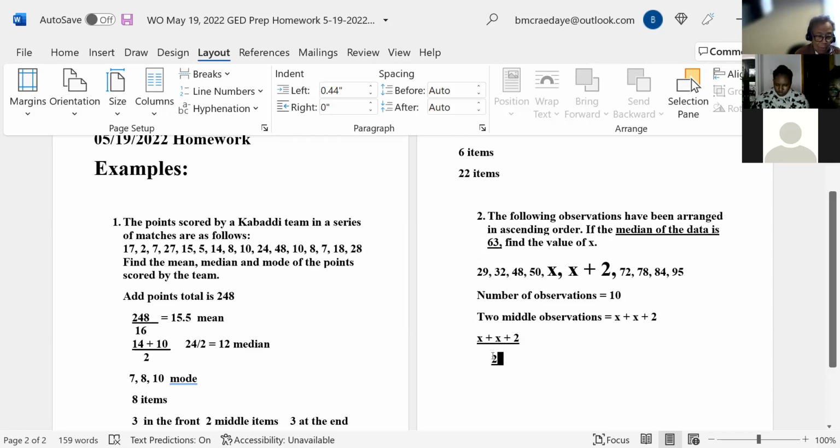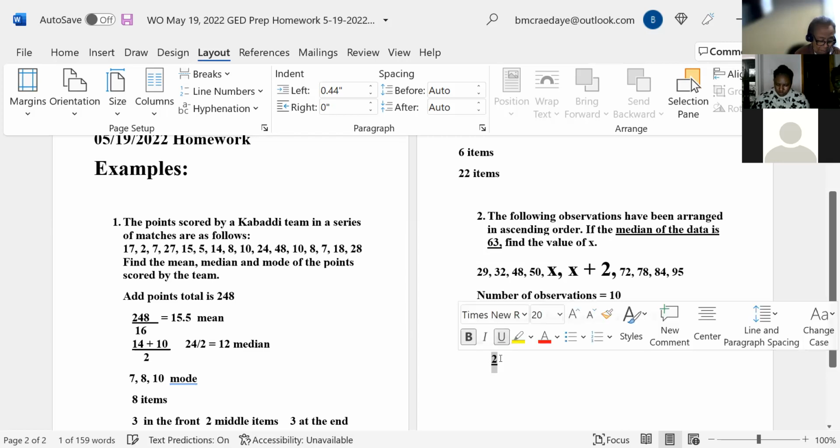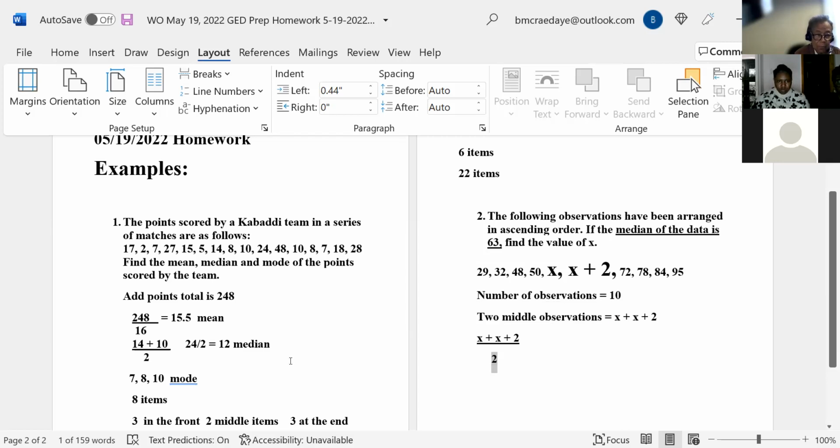All right. And what was the median equal to, Alba? 63. So then we say equal to 63. Okay. Everybody following me here? So that is the answer. No, we haven't.